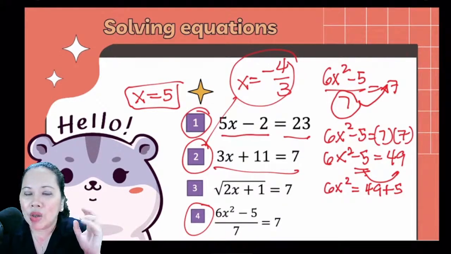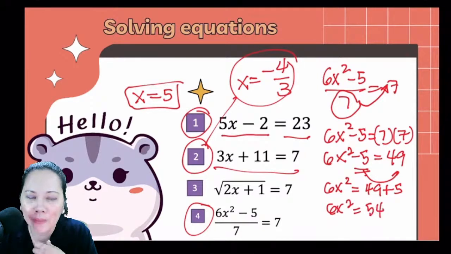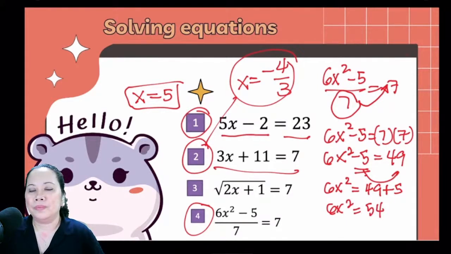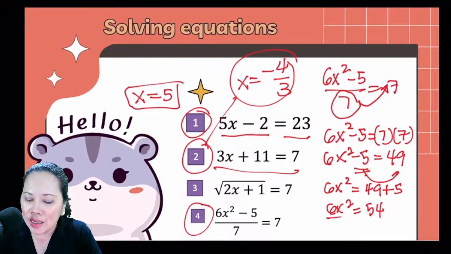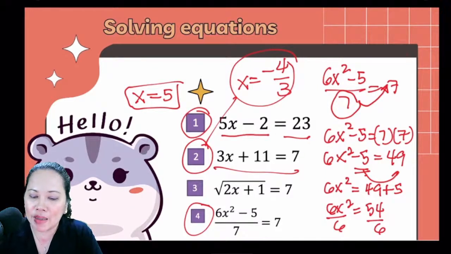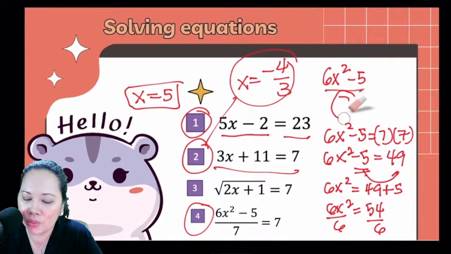Okay, so 49 plus 5 will be 6x squared equals 54. All right, and then what you need to do next is divide both sides by 6. I don't have a space anymore, so I'll just move it up. Okay, hope you would be able to follow it.